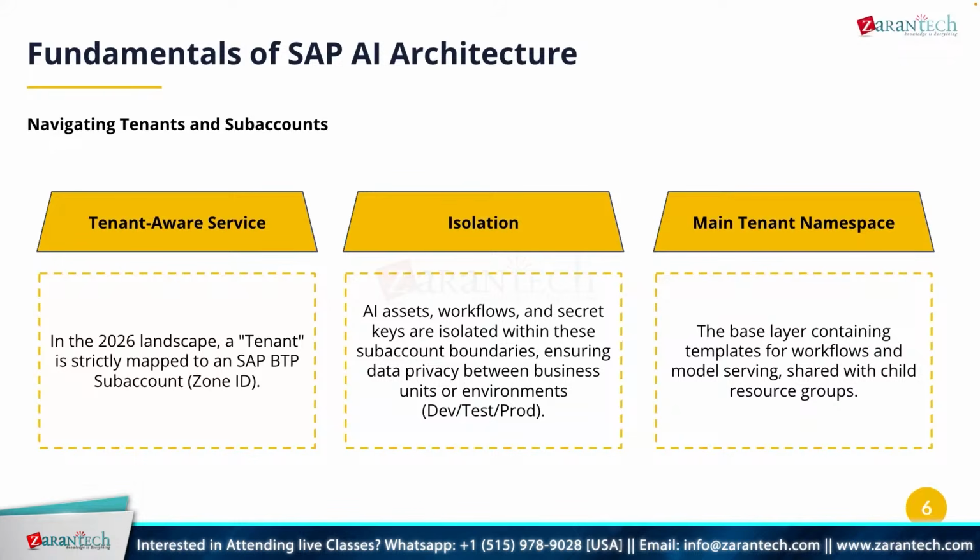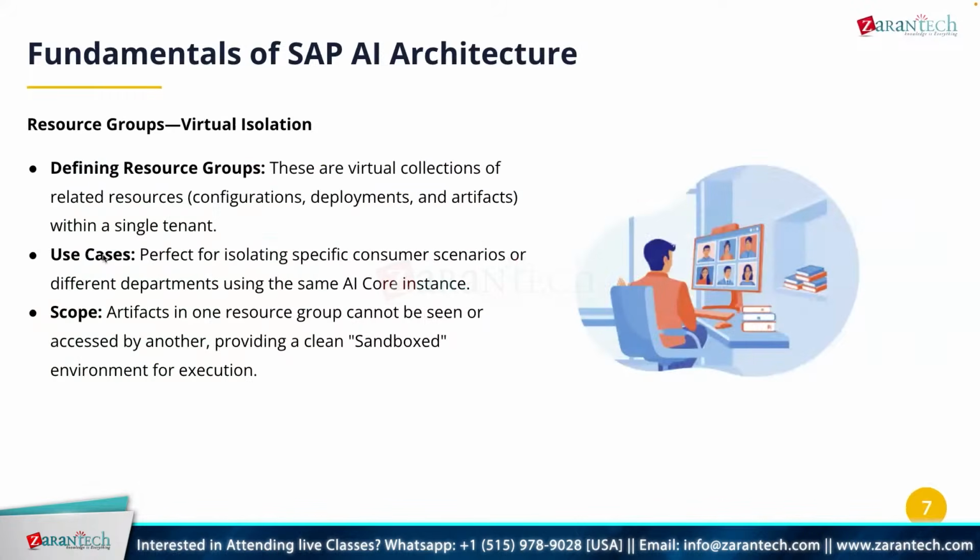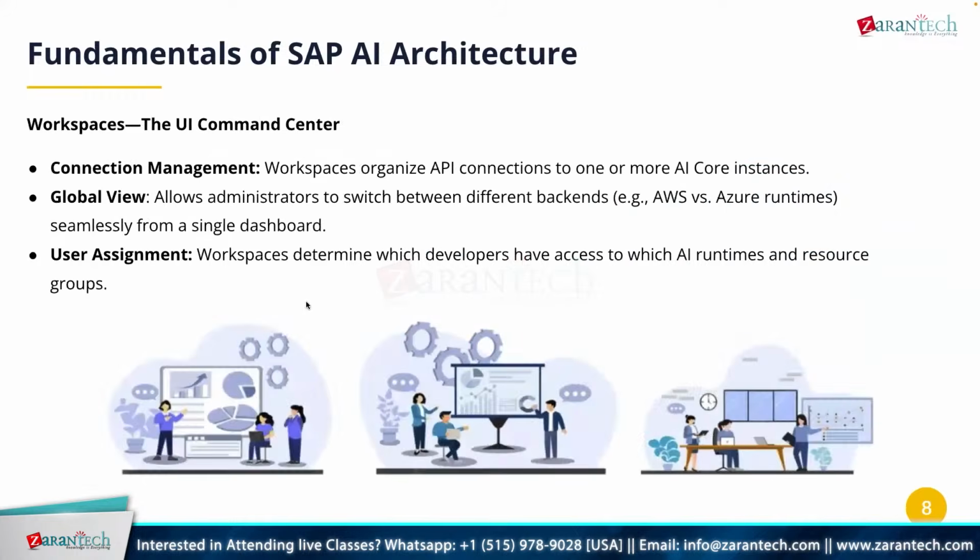The isolation of assets and workloads happens, and the main tenant namespace is allocated further. If you go for resource groups, there is also a virtual isolation, where you define user groups, resource groups, use cases, and scope. This is the resource group virtual isolation you can consider.